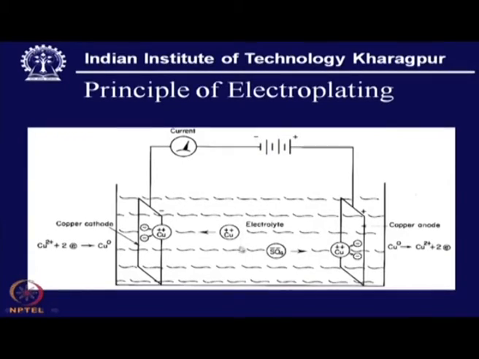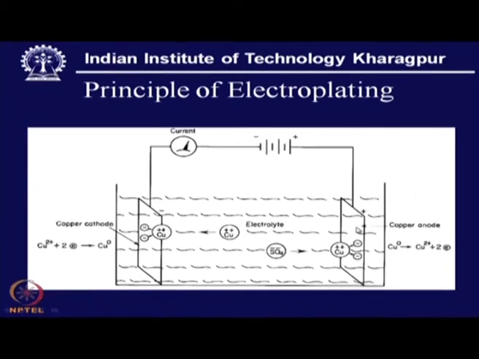Now, this is the basic principle of electroplating, and what we see here is the simplest possible and one of the most common examples one can cite. This is the electroplating tank containing an acidulated copper sulphate solution, and we have two electrodes.